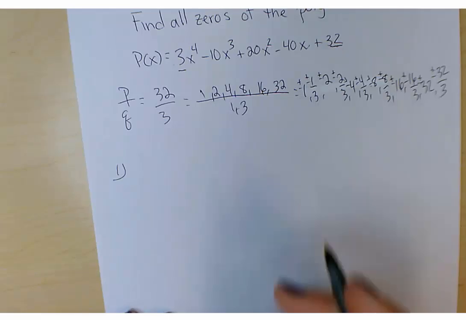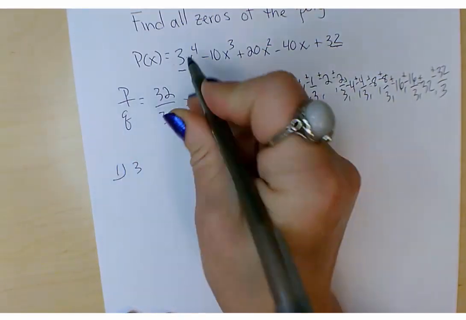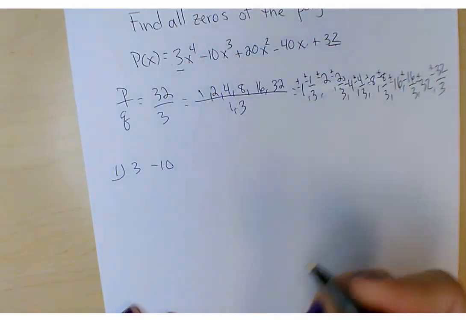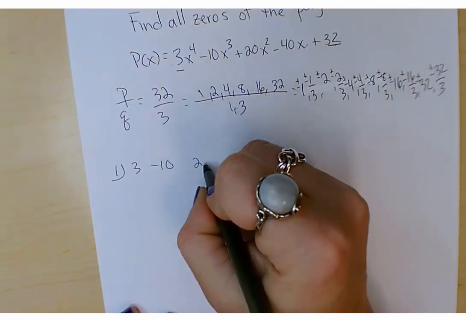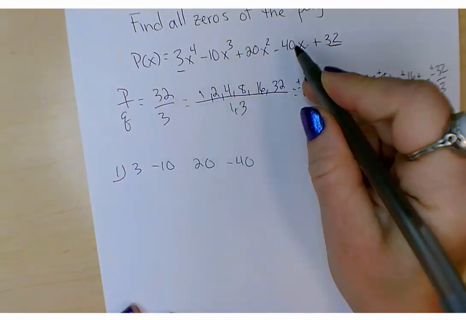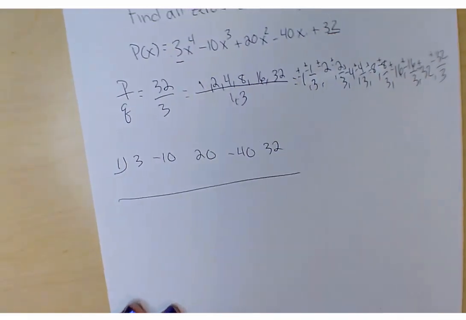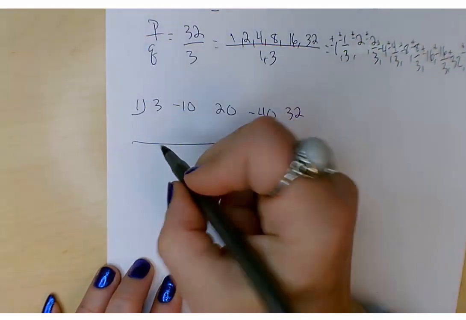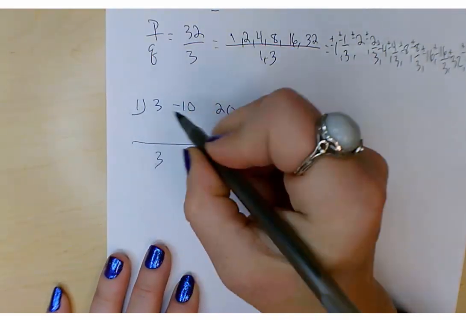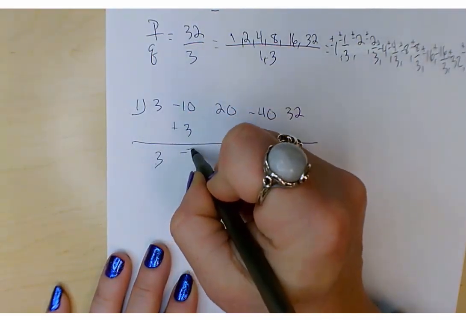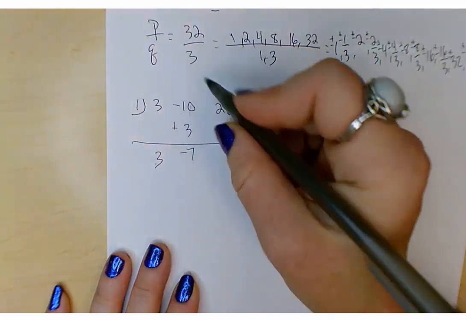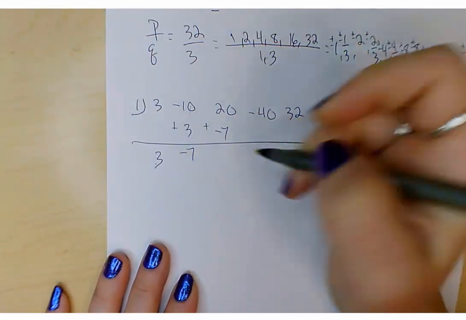Drop down your coefficients from your polynomial. 3 for x to the 4th, negative 10 for x cubed, 20 for x squared, negative 40 for x, and a 32 for our constant. Do synthetic division. Dropping down to 3. 3 times 1 is 3. When we add here, we get negative 7. When we multiply, we get negative 7.